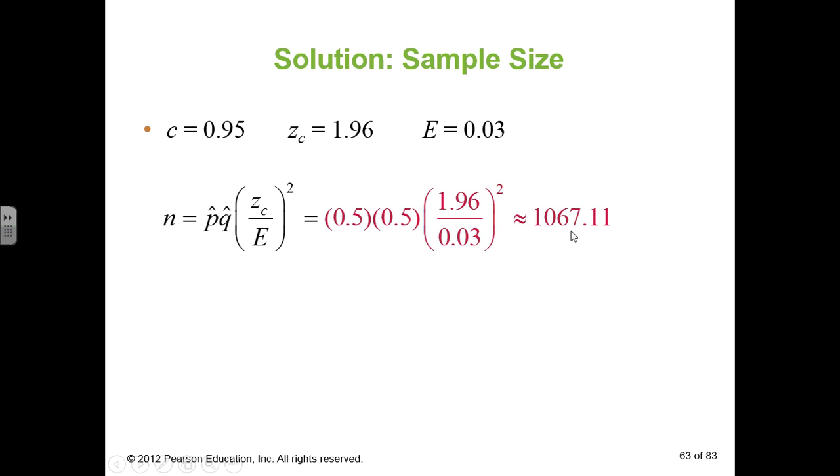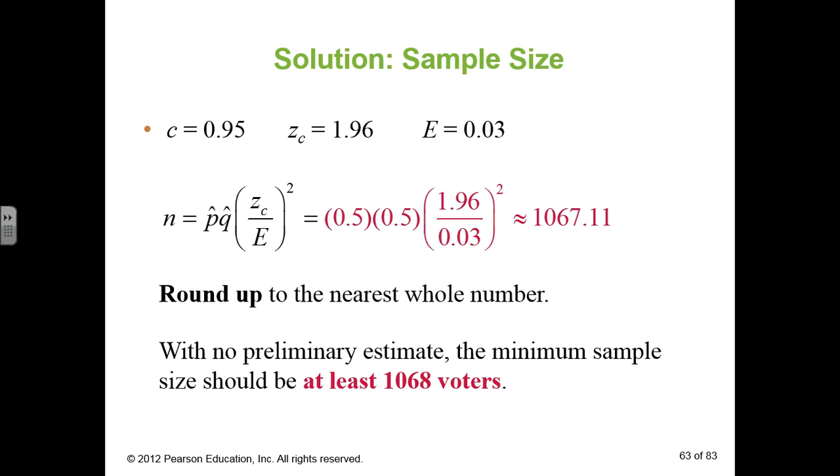And we get approximately 1067.11. But we need a fraction of another person, which means we need a whole other person. So with minimum sample size, just like you learned in 6.1, we will always round up to the nearest whole number. So we need to have at least 1,068 voters.